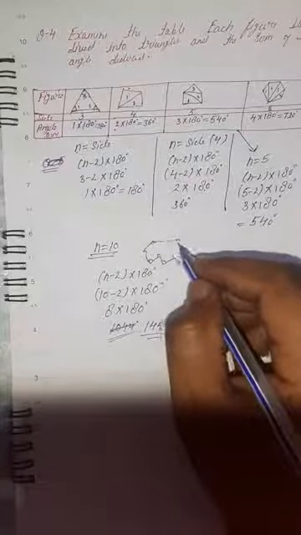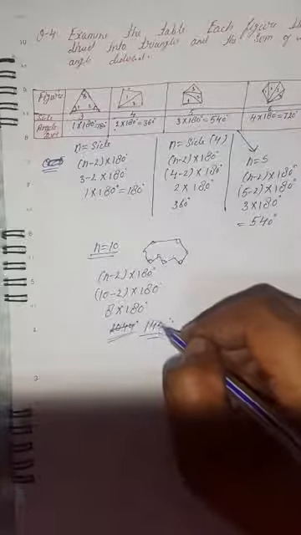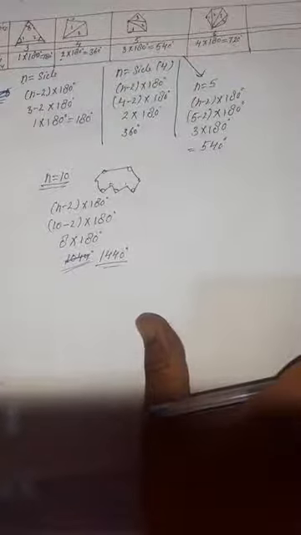Sorry, it will be 1440 degrees. When we have any figure which has 10 sides, the angle sum of that figure is 1440 degrees. Is it clear to all of you? Okay, now we will discuss question number 5.